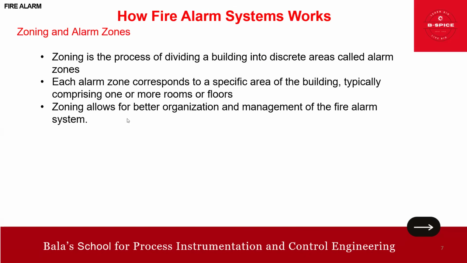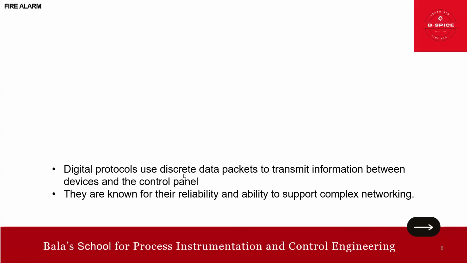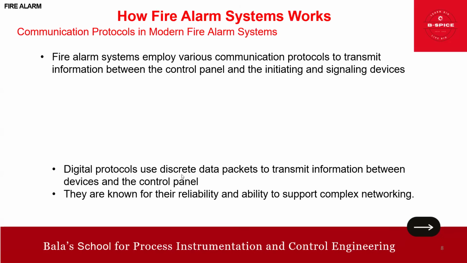Zoning allows for better organization and management of the fire alarm system. When an initiating device in an alarm zone is activated, the control panel can quickly identify the affected zone, providing responders with critical information about the fire's general location within the building. So that's about the zoning.